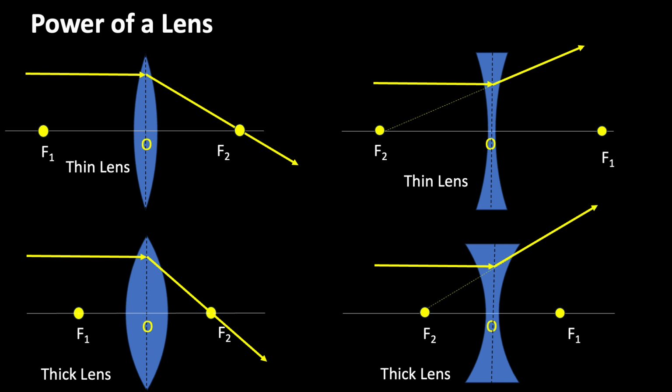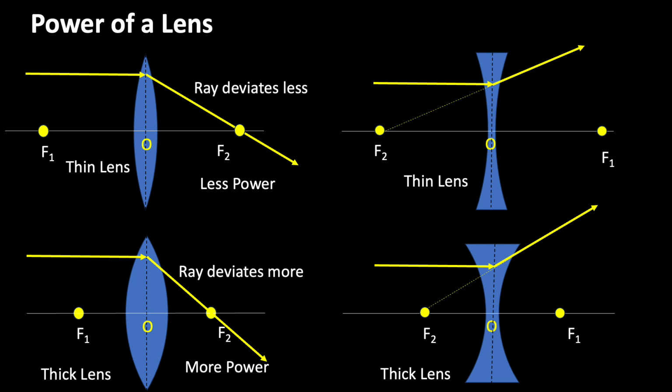Now, in which case is the deviation more? Yes, in case of thick lens, the deviation is more. In case of thin lens, the deviation is less. Ray deviates less, therefore less power. Ray deviates more, therefore more power.